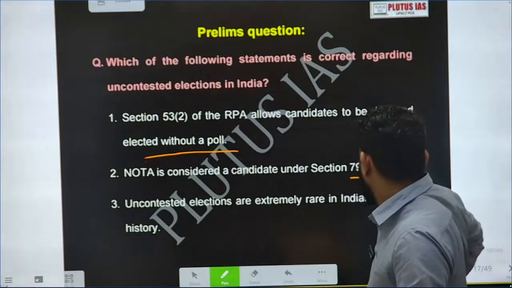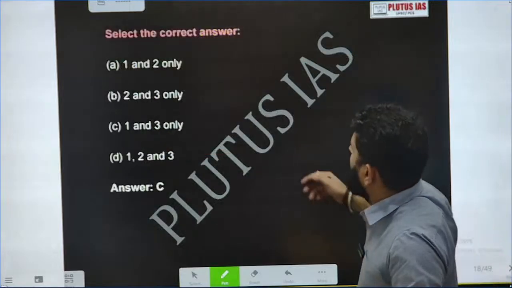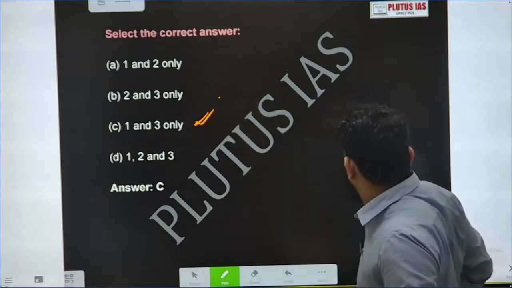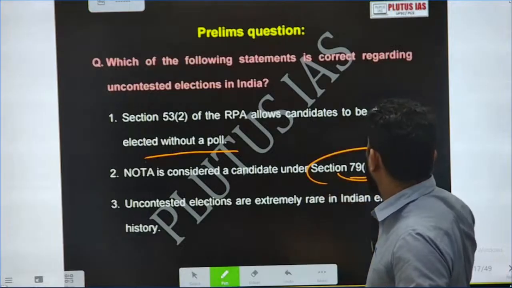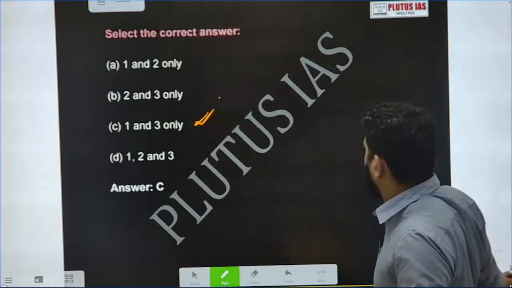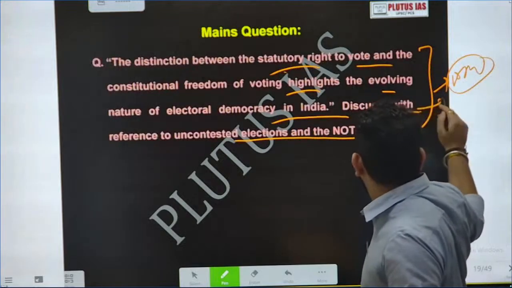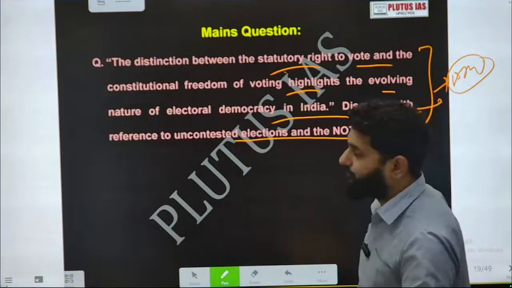Three: Uncontested elections are extremely rare in India's electoral history. So is it 1 and 2, or 2 and 3? 1 and 3 is right, because second, NOTA is not considered a candidate under Section 79(b). So three is the right answer, and we have already spoken about this mains question.